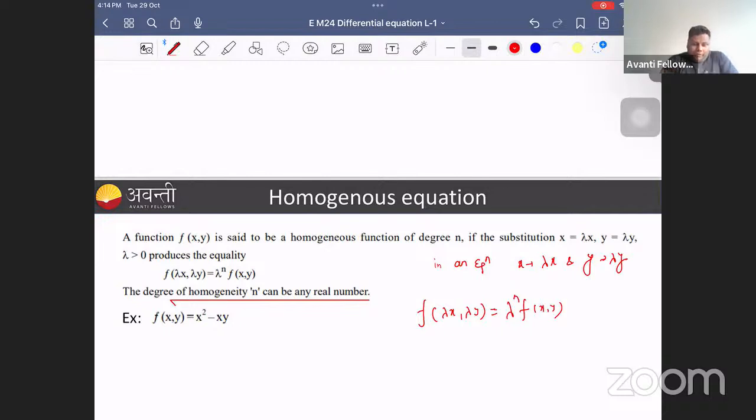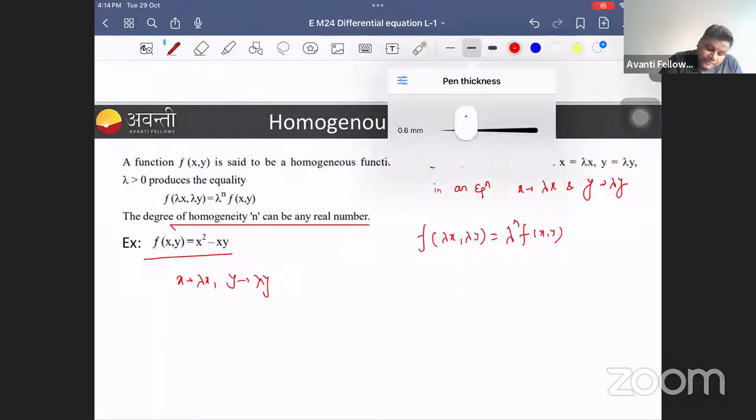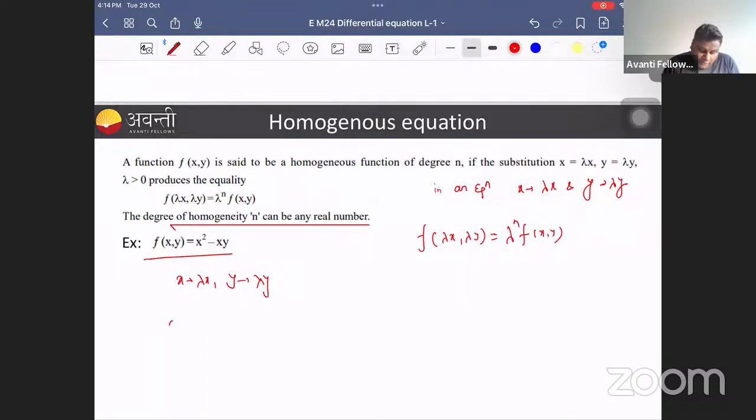For example, if you have, say, f of xy is x square minus xy. Now you replace x by lambda x and y by lambda y. So what do you get? f of lambda x, lambda y is lambda square x square minus lambda square xy, correct?